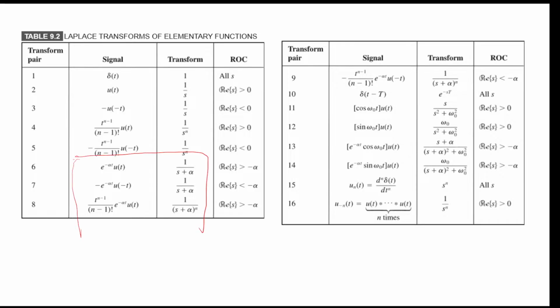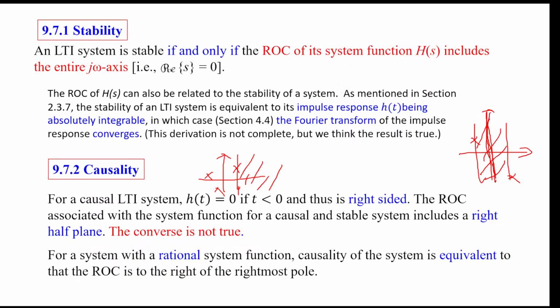This is 1 over s plus a raised to some power, etc. So those are the partial fractions. They can be used to do inverse Laplace transform, and therefore also be used to solve differential equations.